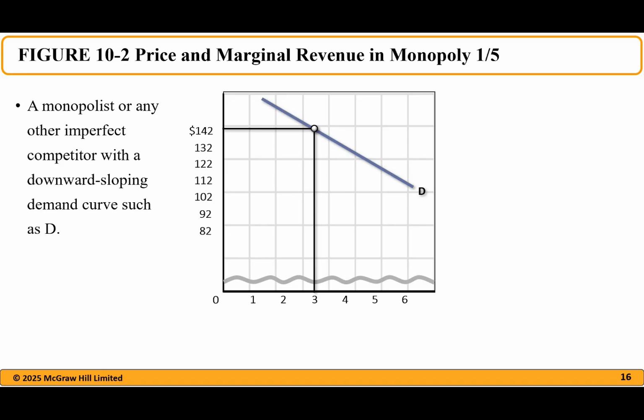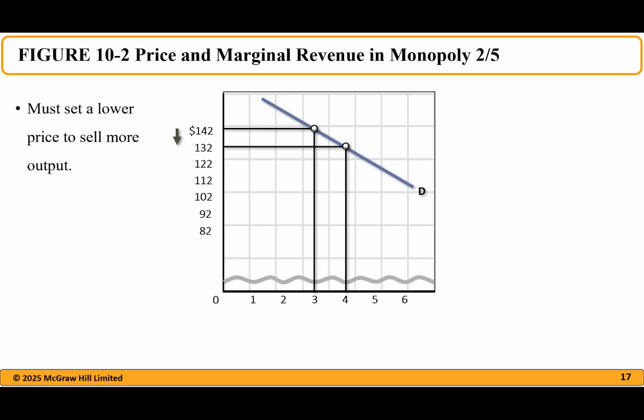Here, to see how marginal revenue works, let's discuss this figure. A monopolist or any other imperfect competitor has a downward sloping demand curve such as D. So D shows us the demand curve for a single monopolist, and if it wants to sell more output, it must lower the price. So to sell more output, like from 3 units to 4 units, it must reduce the price from 142 to 132.